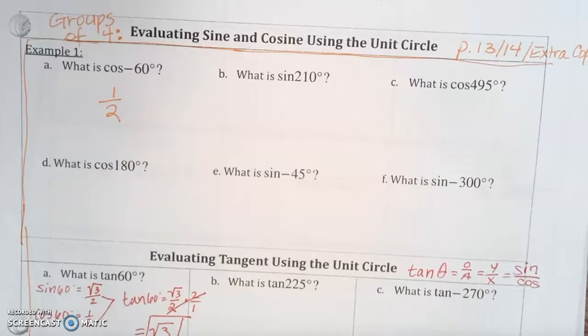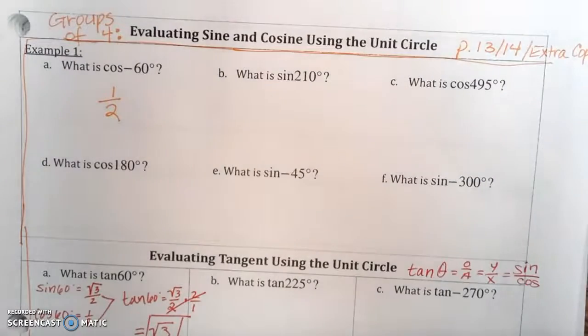We're going to be evaluating sine and cosine using that unit circle. If you go on your unit circle and go negative 60 degrees, you're going to find the cosine. Negative 60 degrees has a coterminal angle with what?